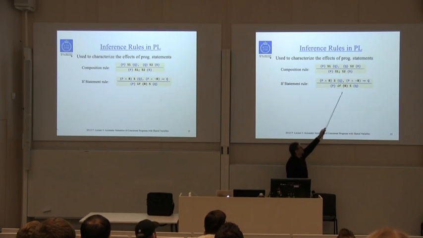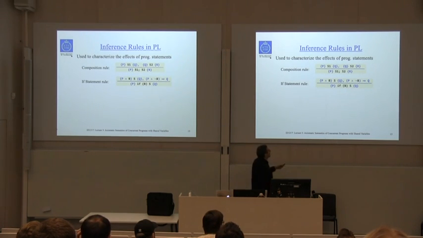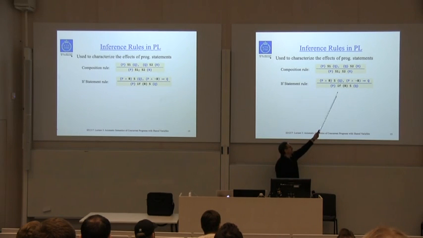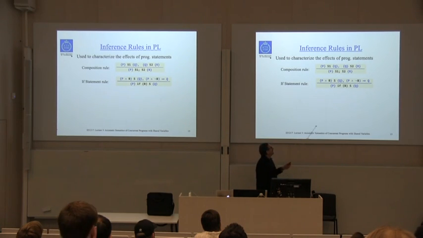It means that if B is true, execute S, otherwise skip, do nothing. So that's the initial state, this is the final state. B is some logical expression that evaluates to true or false, a Boolean expression, and S is a statement or statements; it could be several of them.